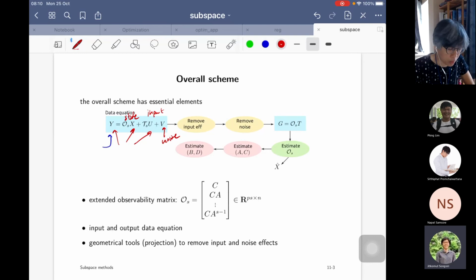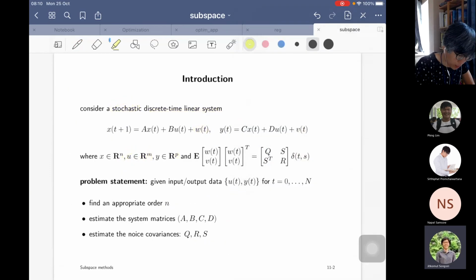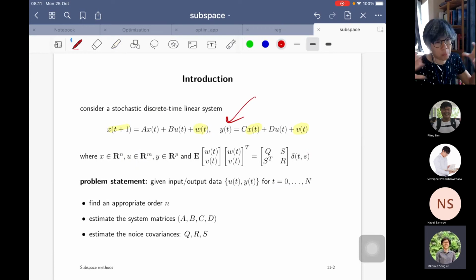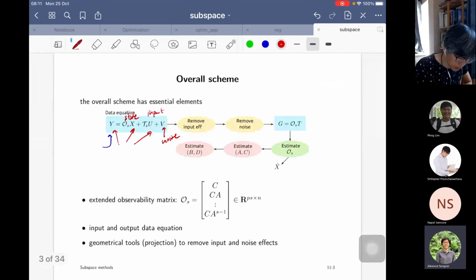Y is corrupted by sensor noise, but because y is also a function of x, and x is corrupted by the process noise, what you see in the output equation is a mix of effects from both state and sensor noise. These are the noise terms, the combination of state and process noise.